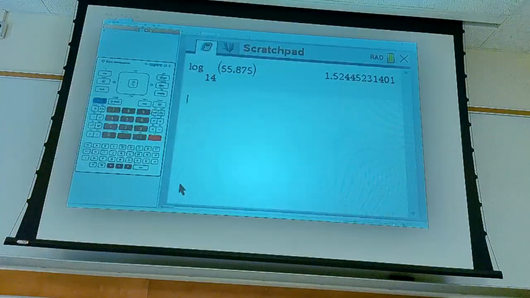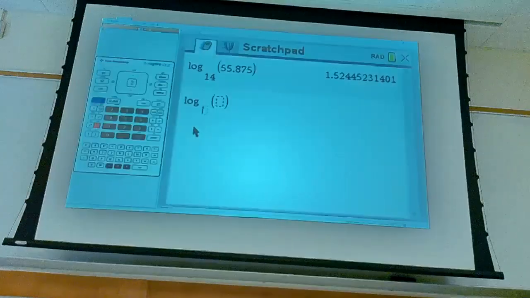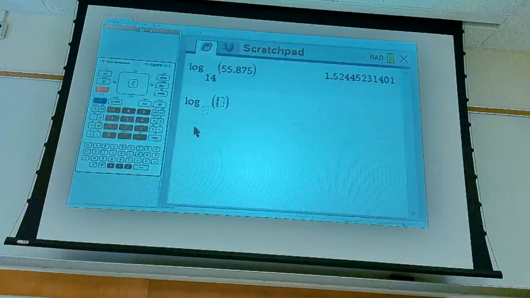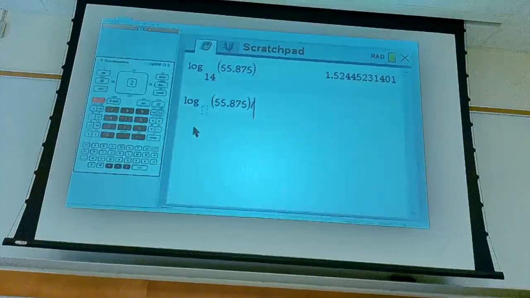So they wanted base 10, so let me do base 10. Common log, I'm not going to write the base. 55.875 divided by common log of 14.